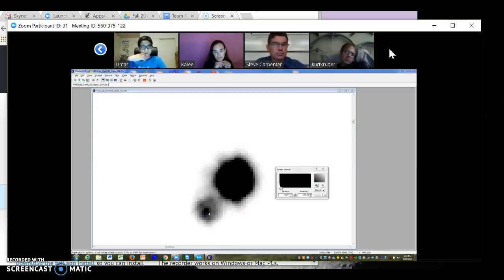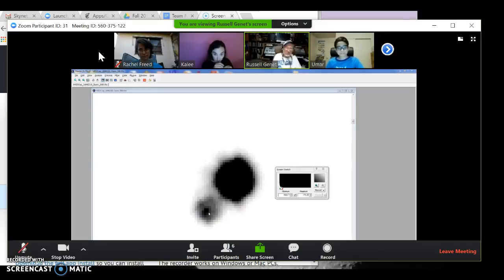Hmm. The other thing we can look at is the position angle here, because we think north is up and east is to the right, but let's check that. From the Washington Double Star Catalog, the last position angle was 137 degrees.